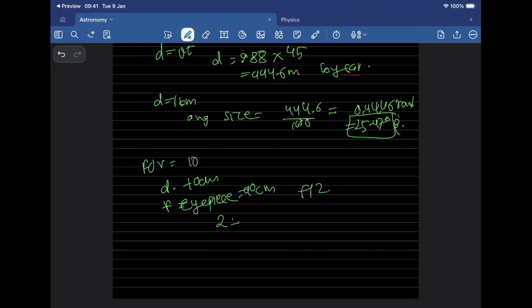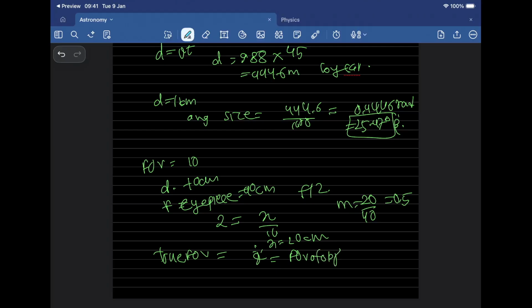So focal length will be f to x by 10, therefore x is 20 centimeter. So magnification is 20 divided by 40, which is 0.5. So theta equals FOV of objective lens divided by magnification. I mean, FOV of eyepiece divided by magnification. So FOV of eyepiece will come as 0.5 degree.